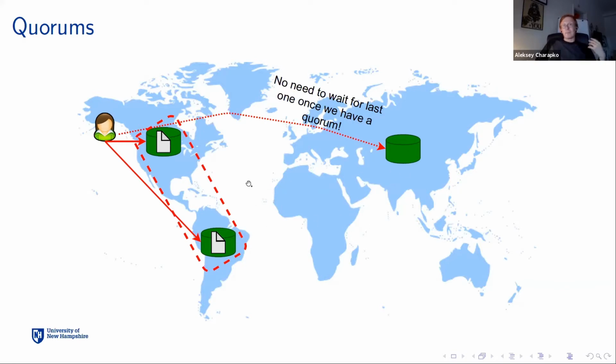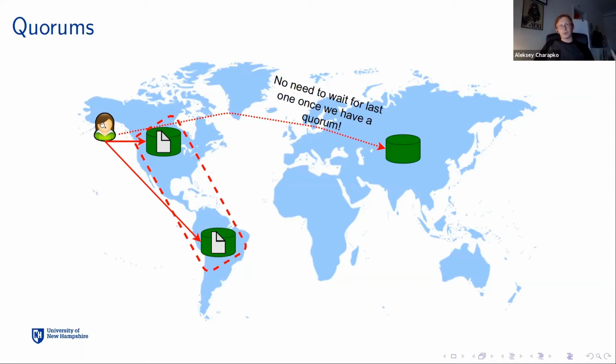So instead of waiting for all sites, we still write to all sites, but we may want to wait for a smaller subset of all the storage nodes, or a smaller quorum, right? In a system of 3 nodes, for example, we may pick a majority quorum system where any 2 out of 3 nodes is going to be enough for you to consider the operation completed.